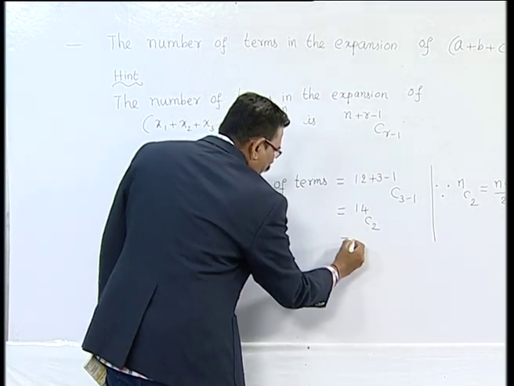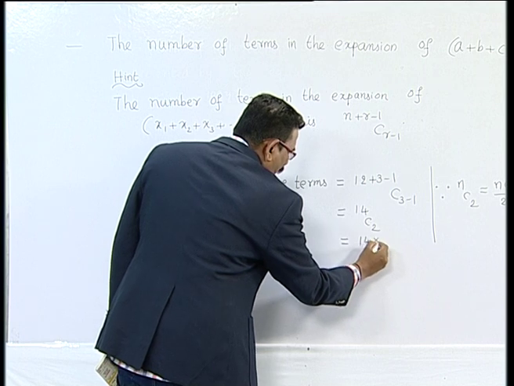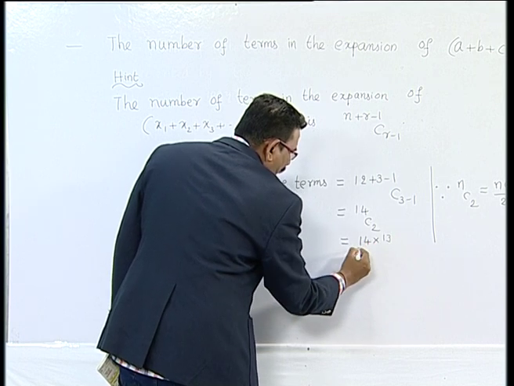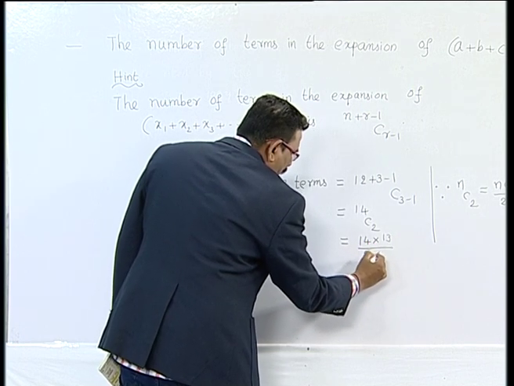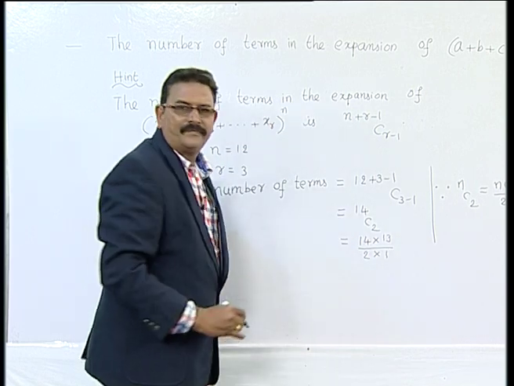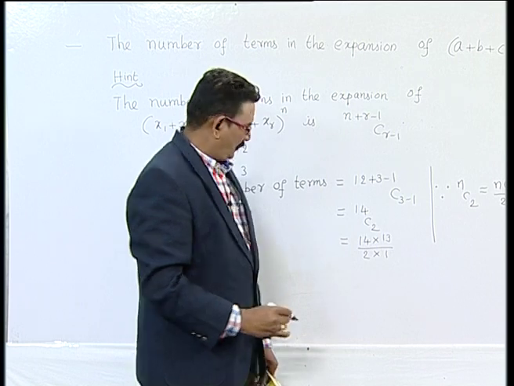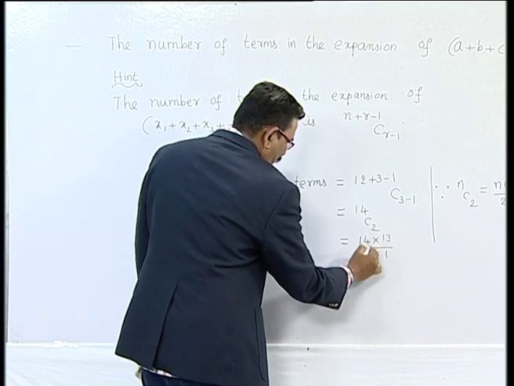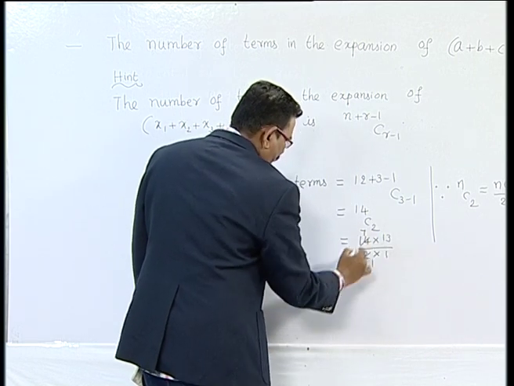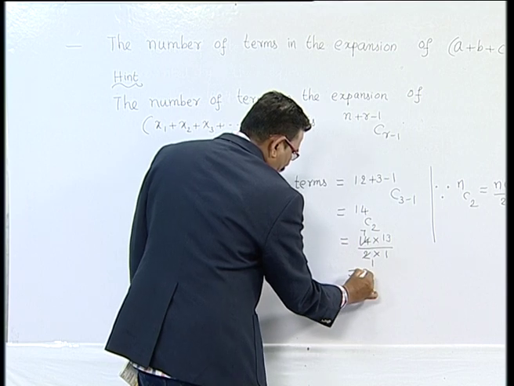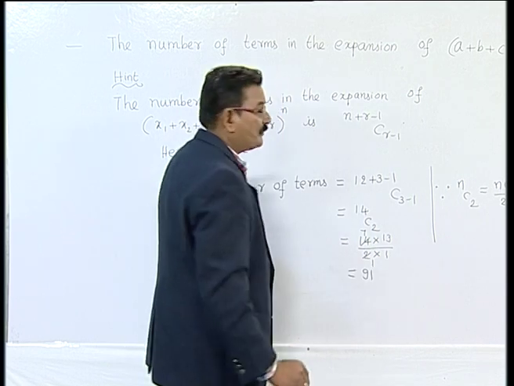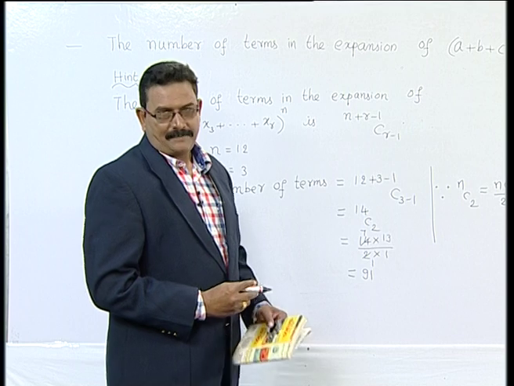So, we can write 14 multiplied by (14 minus 1), that is 13, upon 2 into 1. So, let us simplify it. 2 1 2, 7 ones are 7. Now, 13 7s are 91. So, there are 91 terms in the given expansion.